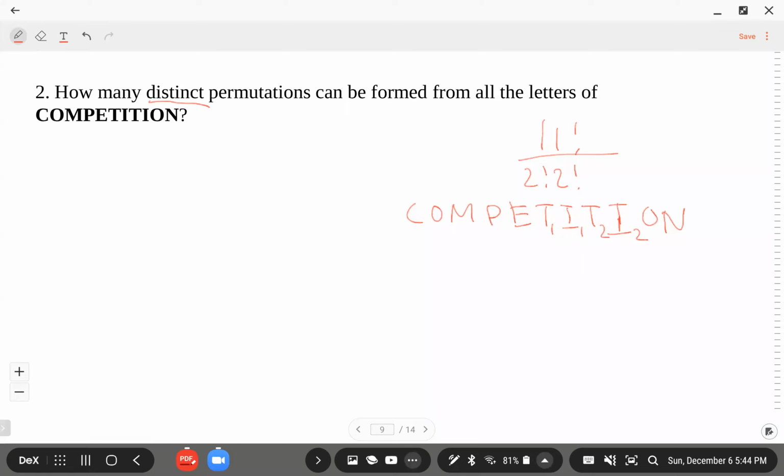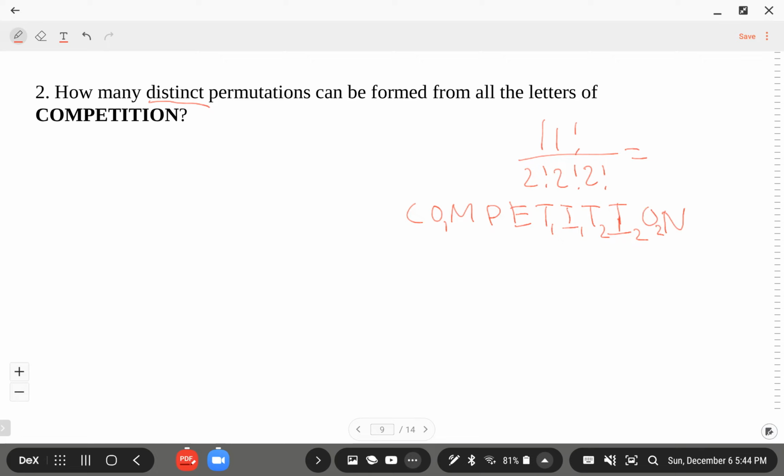And then what do we have? I think we have O1 and O2. So this will be our answer. We divide out the permutation of all of these. Make sure these letters repeat and look the same.